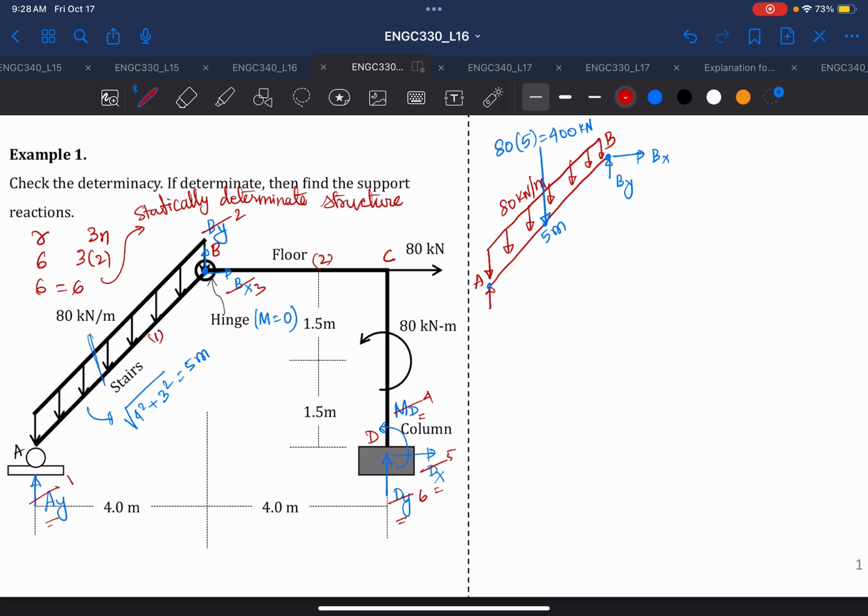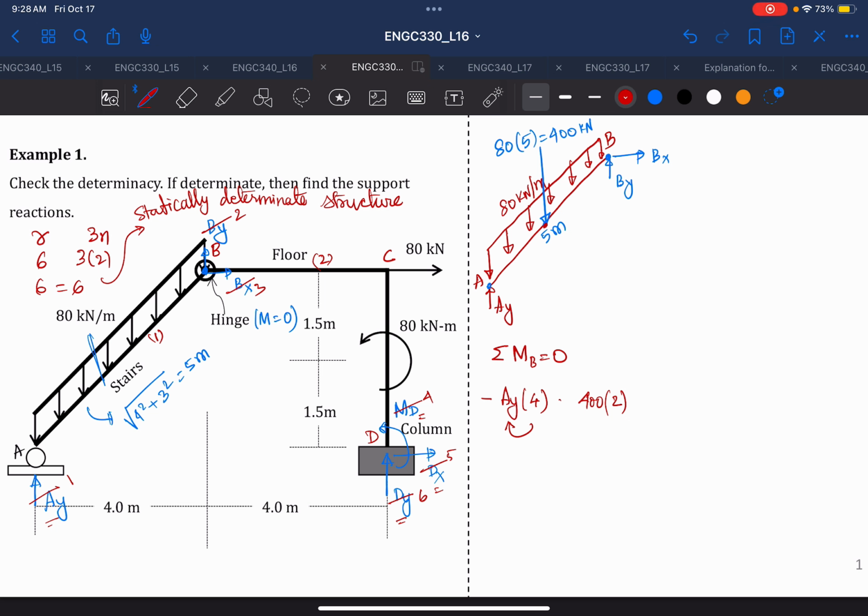And so for that, because we need AY, we're going to take moment about P is equal to 0, and that will give me AY into 4, and because this is clockwise, it's negative, and then we have 400 into 2.